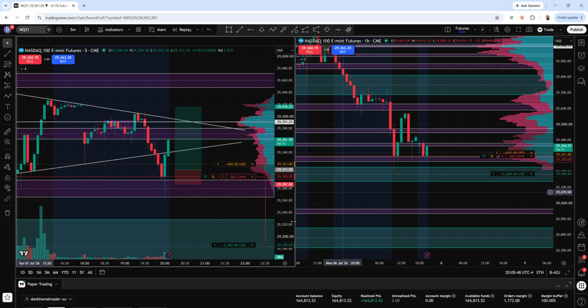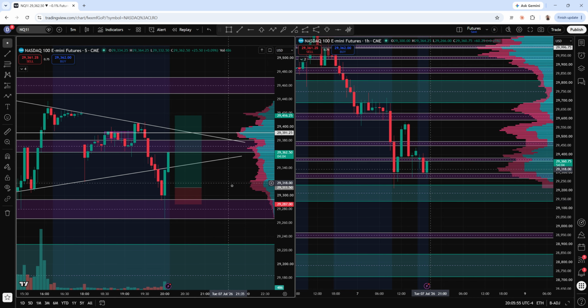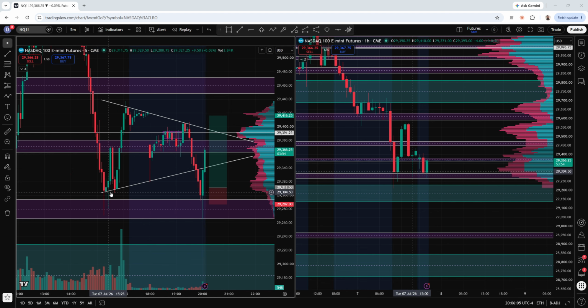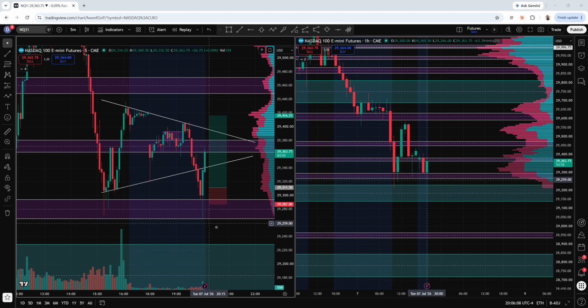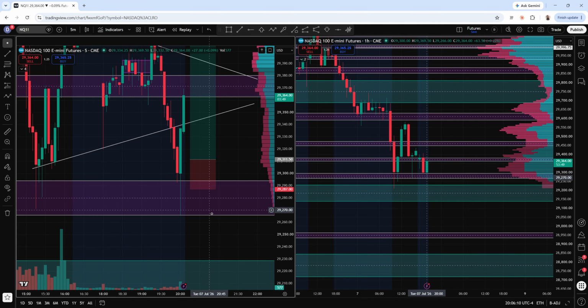I don't know what's going on here. It's just so dumb. So we just got a sweep. We didn't get a full sweep. We just got a sweep of the recent. Yeah, I mean, it bounced right off the bottom of this range.